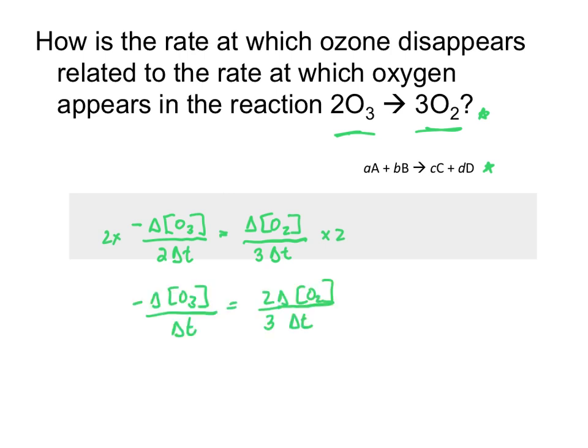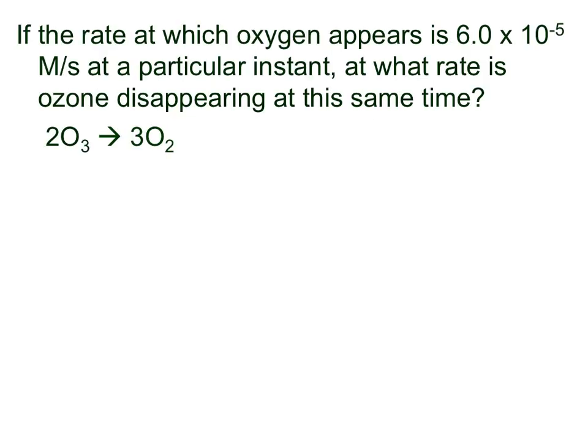And what this expression tells us is that the rate of disappearance of ozone is going to be equal to 2/3 the rate of appearance of O2. And those are obviously numerical values that we can relate to a little more easily. But basically, a small manipulation and isolation of the rate expression for that specific substance will allow us to make this an easier assessment. So let's go ahead and apply this in a different way.